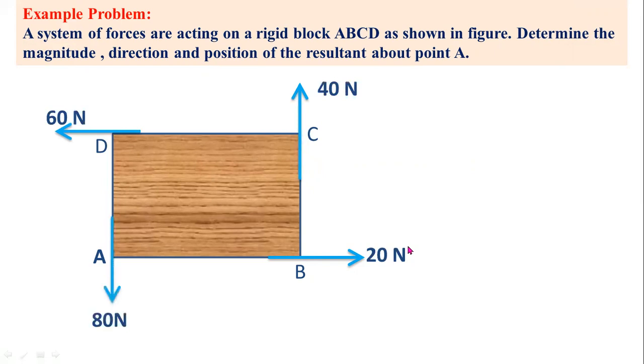Please all of you try this problem. Just try how to determine the magnitude, direction, and position of a resultant for this problem. Please note it down and try it. Tomorrow I will explain.